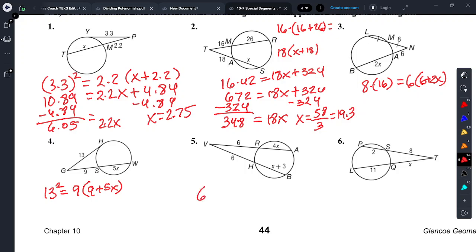The next, I'll do the next one because there's a couple variables in there. So we get what? 6 times, not 4x, be careful. 4x plus 6 is equal to 6 times x plus 3. If we stop and think this through for a minute. Oh, not 6. My bad. Is equal to what?